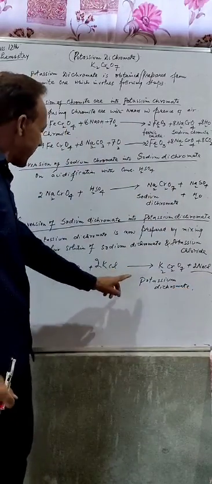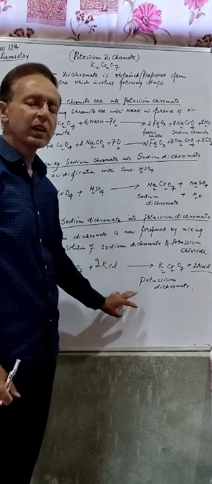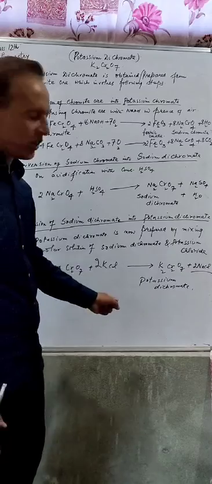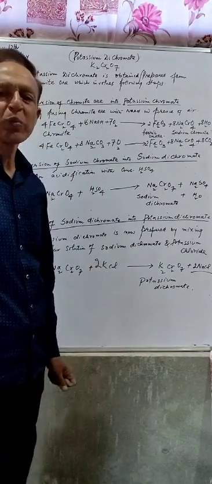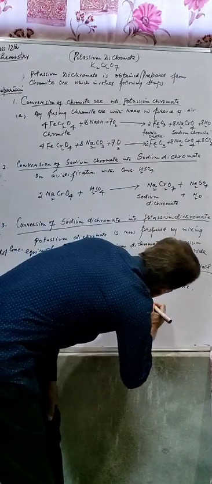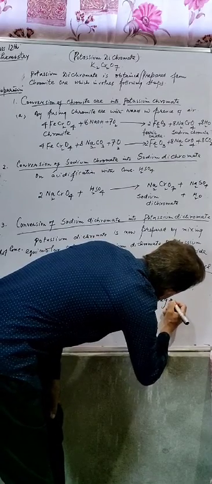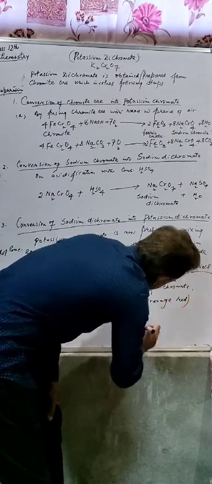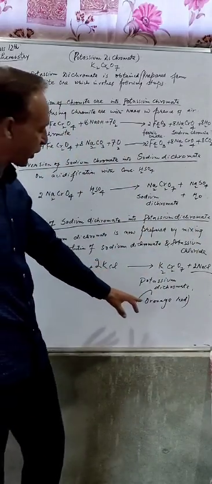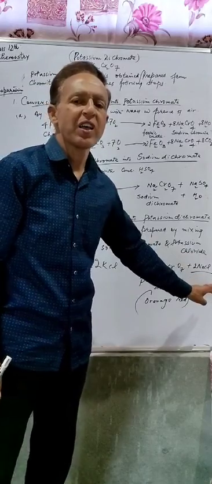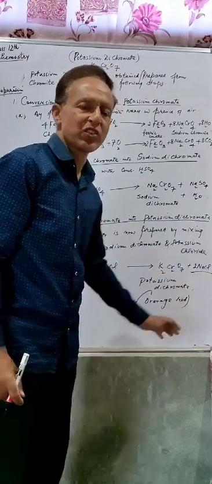This potassium dichromate, being less soluble, crystallizes out from the solution in the form of orange red crystals, leaving behind the sodium salt in the solution.